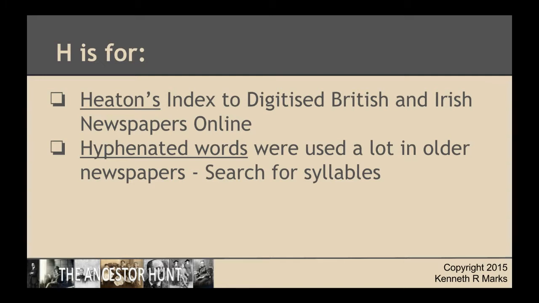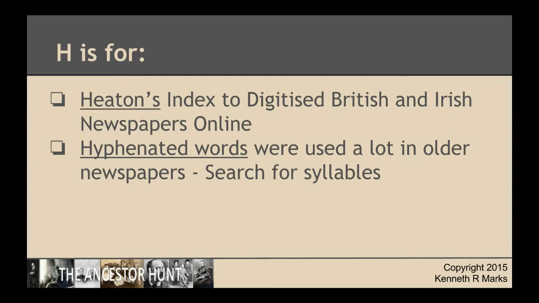Words were often hyphenated years ago. The type was fixed size, and there wasn't a lot of digitization or digital kinds of typesetting like we have today. As a result, there were a lot of hyphens. So, search for syllables. Let me give you an example. The last name Jorgensen, Jorgen, S-E-N, or Jorgensen with S-O-N as the last syllable.